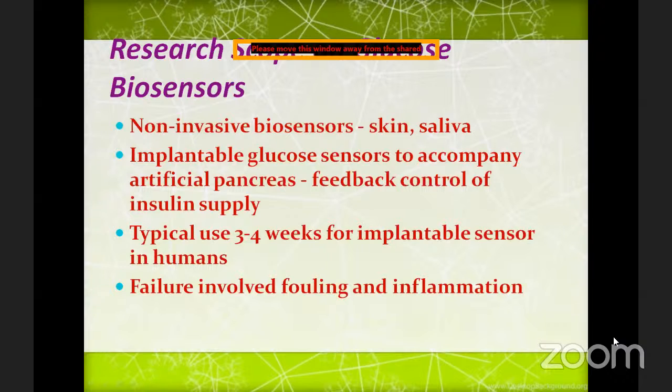These artificial pancreas are devices which have an insulin tank, an insulin container, which has to be triggered and delivered to the patient at an appropriate time whenever required from a wireless blood glucose sensor. Therefore, research is going on in the development of artificial pancreas.